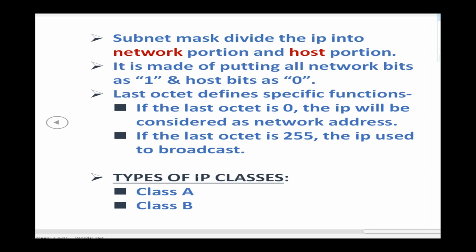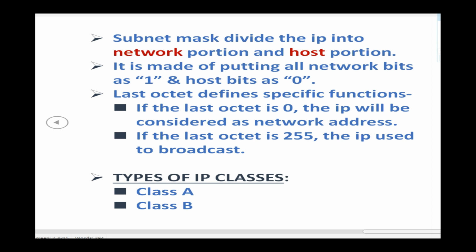So we are going for the subnetting concept. Subnet mask divides the IP into network portion and host portion. See, whenever we are coming to subnet, we have to think logically. We are dividing the IP address into 2 parts.